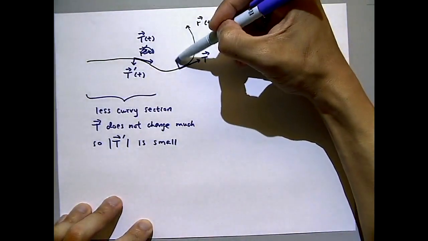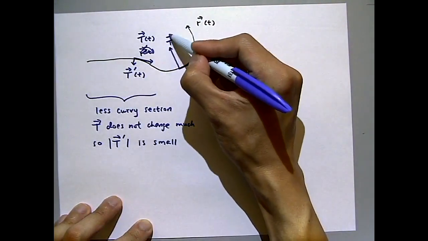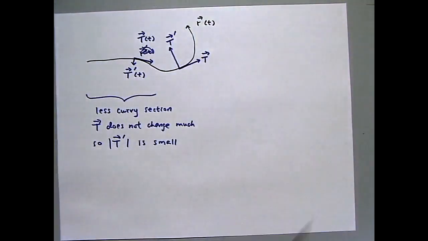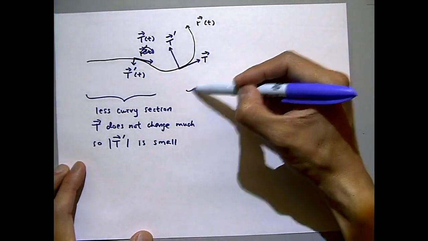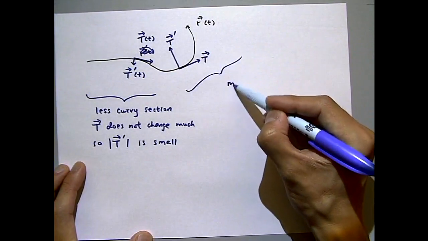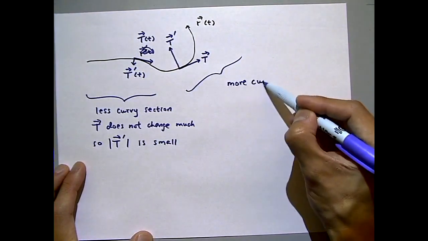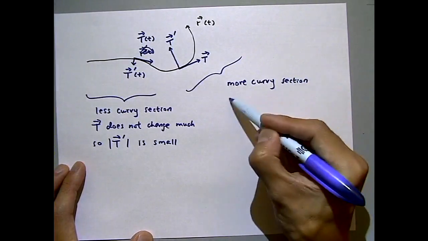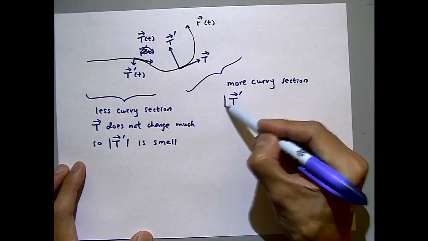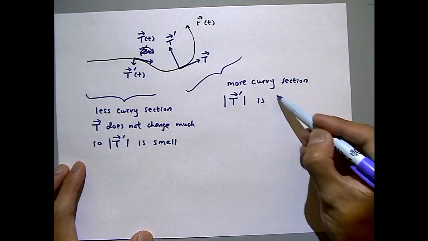We expect a much bigger, relative to earlier, much bigger T prime. More curvy section: the magnitude of T prime is larger.